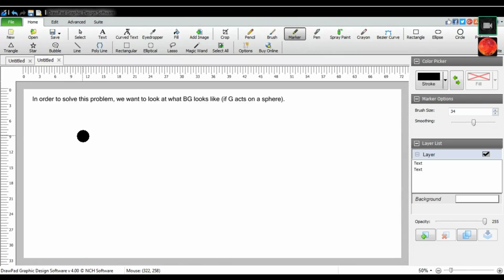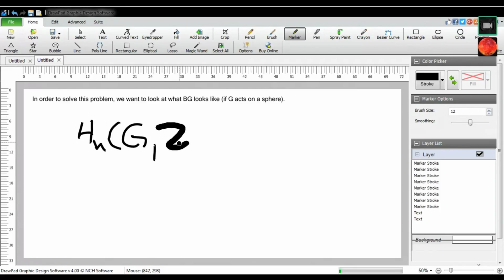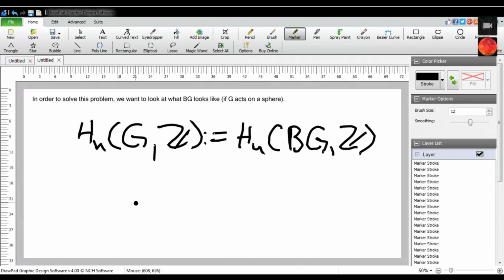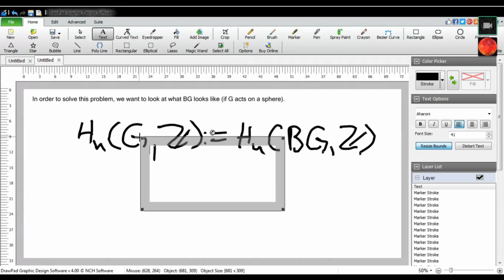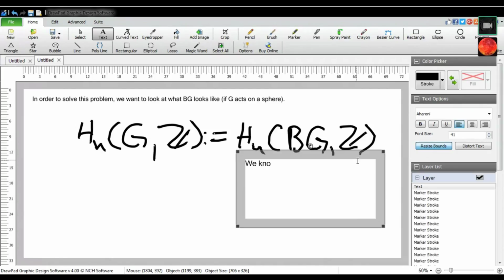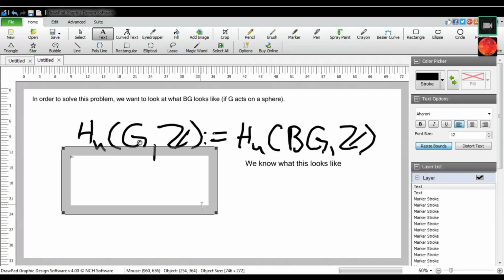So we'll say that the homology of some group G in some coefficients, I just call them Z now, we define them just to be the homology of the classifying space of G. And we know what this looks like if we know some topology, but we don't know what this looks like.